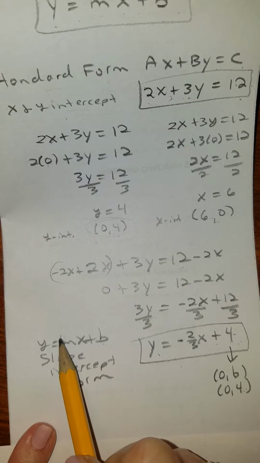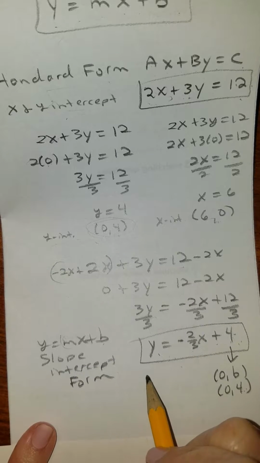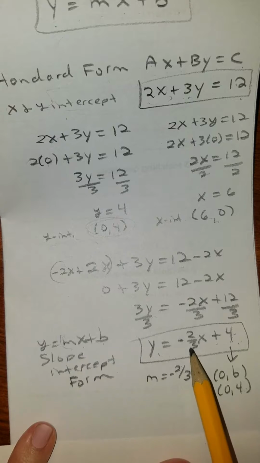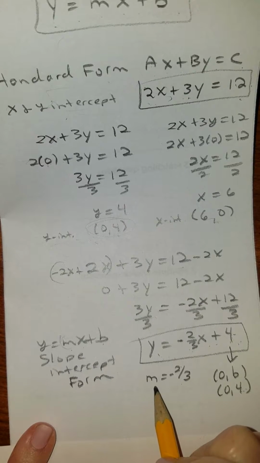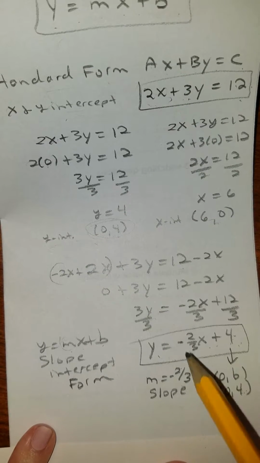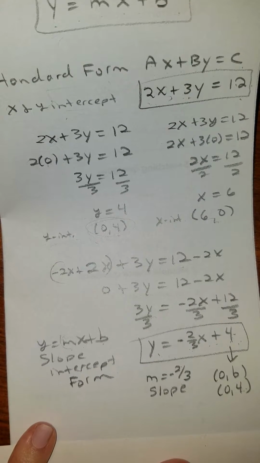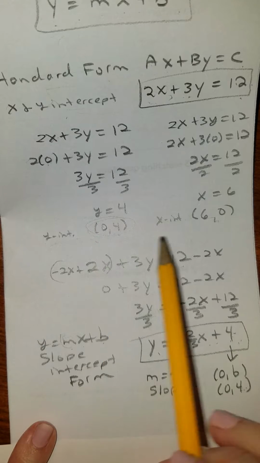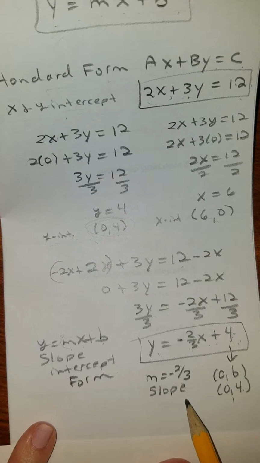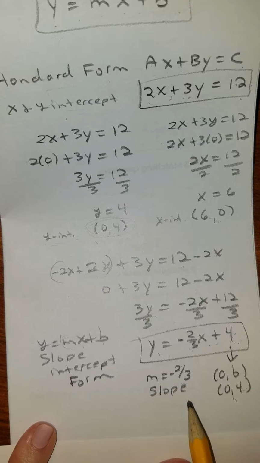And the m, here you could say m is negative 2/3 because it's mx. Well, remember, m represents the slope. So when it's written in this form, we can really quickly, without having to plug in anything and solve, look at it and say, okay, this is the y-intercept, and this is the slope. All I need is a point and the slope, and I can graph the line.